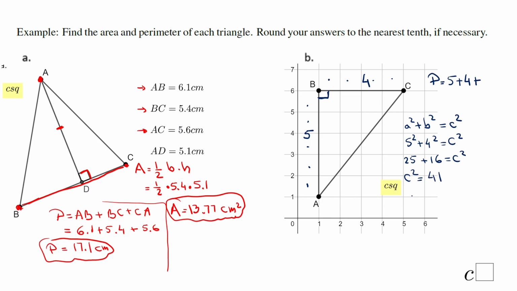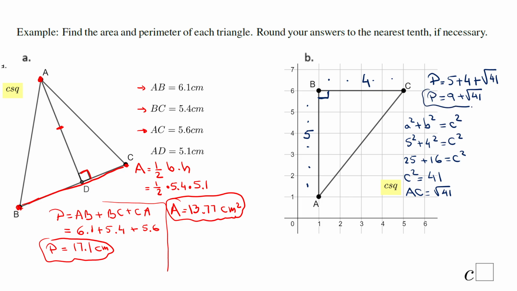And c, which is nothing else than AC, would be the square root of 41. So the exact value of the perimeter is this expression, which you can simplify as 9 plus the square root of 41. This is the exact value.